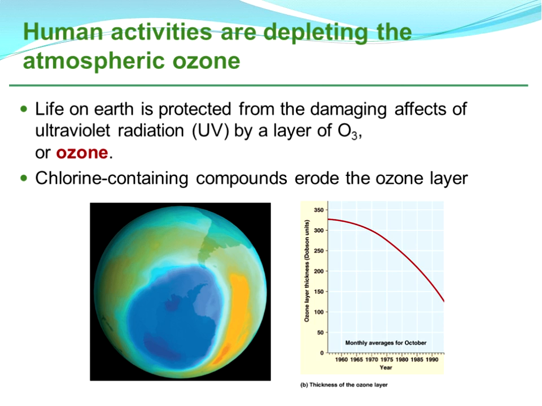And this is showing us another way that our fossil fuel burning has affected us: getting rid of our ozone. The ozone is a layer that protects us from the UV light from the sun, and any chlorine-containing compounds actually erode the ozone.